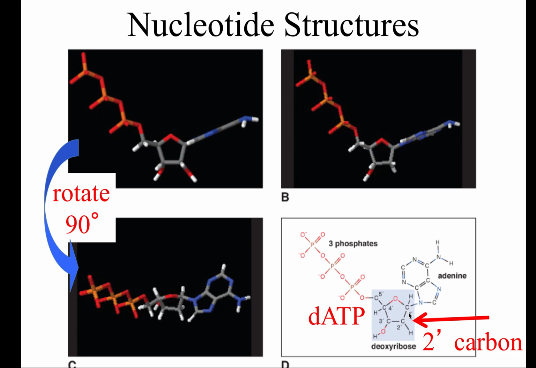Now, for the chemistry, this is called 1'. That little hash mark is pronounced prime. 1', 2', 3', 4', 5'.